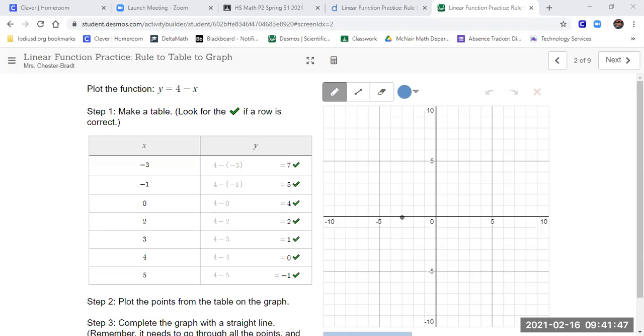So -3, +7. -1, +5. 0 gets me 4. 1, they don't have a 1. 2 gets me 2. 3 gets me 1. 4 gets me 0. 5 gets me -1. Okay. Are we good?